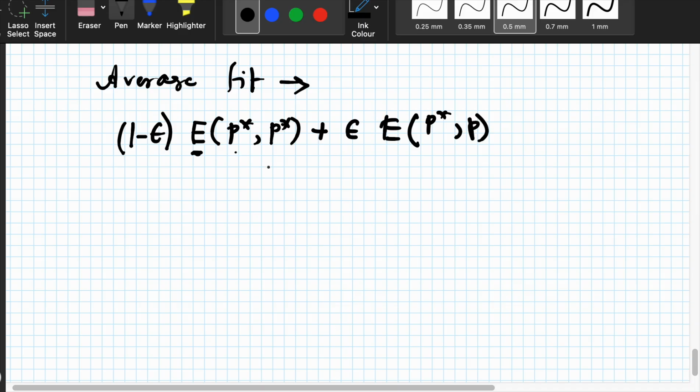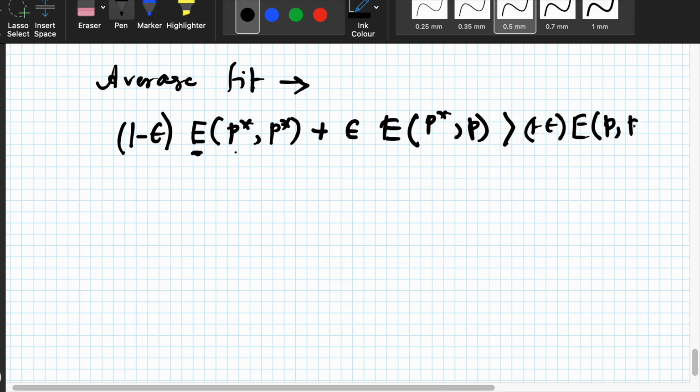As Darwinian selection says, the average fitness of p star has to be greater than the average fitness of the mutation.